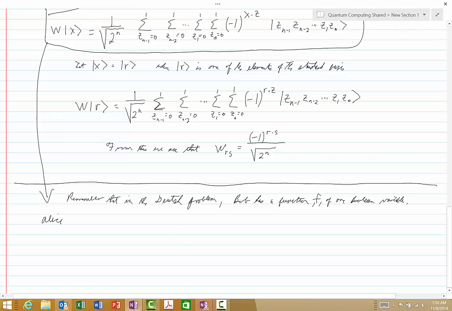Alice wants to find out with just one query whether or not this function is a constant function.